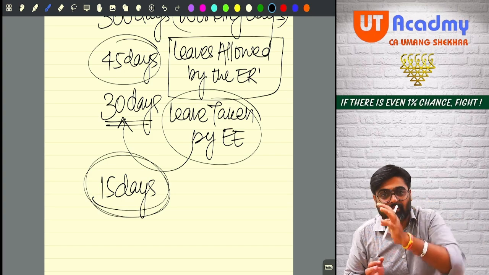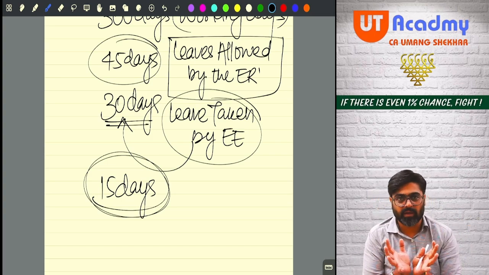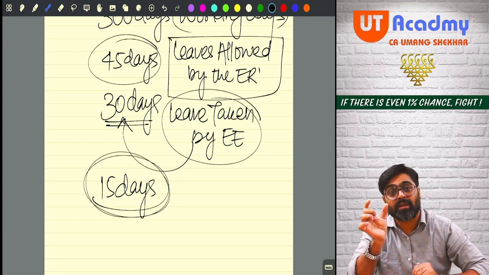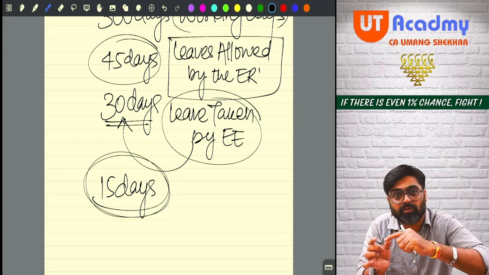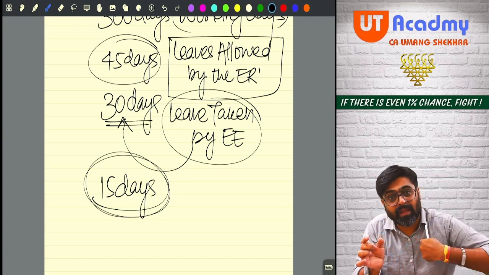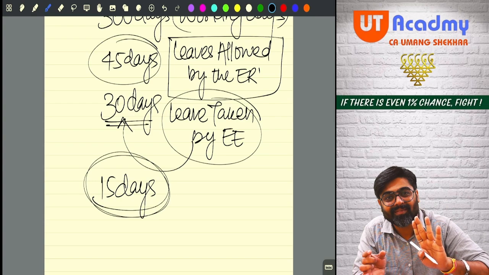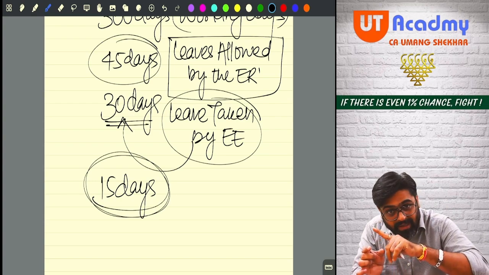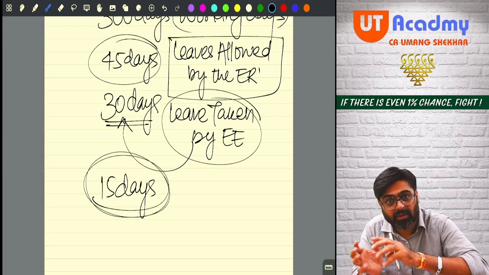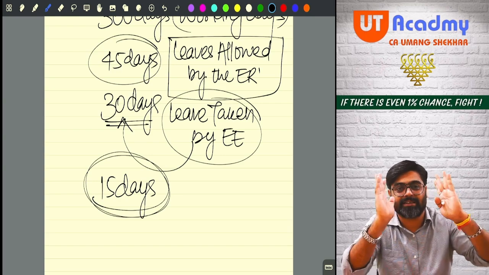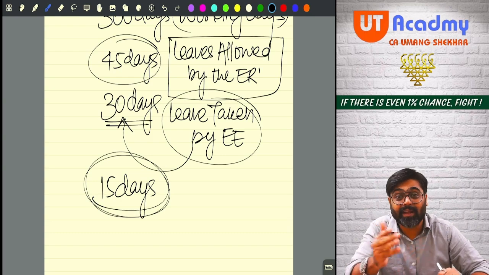Leave allowed minus leave taken is leave saved. Nothing but leave credit. After the year end, whatever leaves are there in your credit, anyway the employer was going to pay you salary if you don't come. So for these number of days, extra salary is given to you. These leaves are encashed while you are in service only.